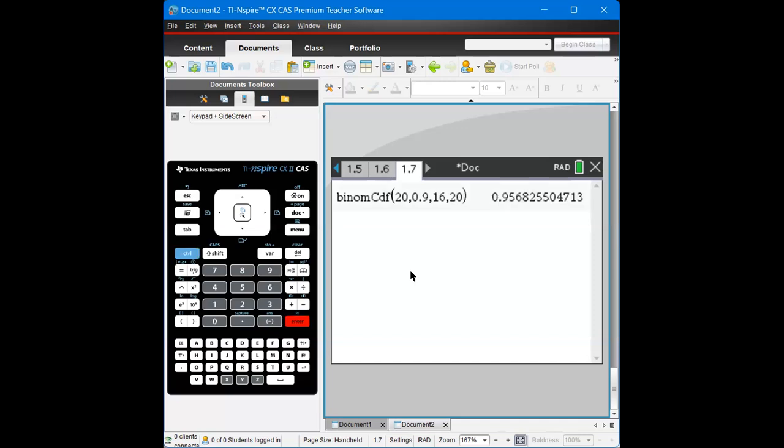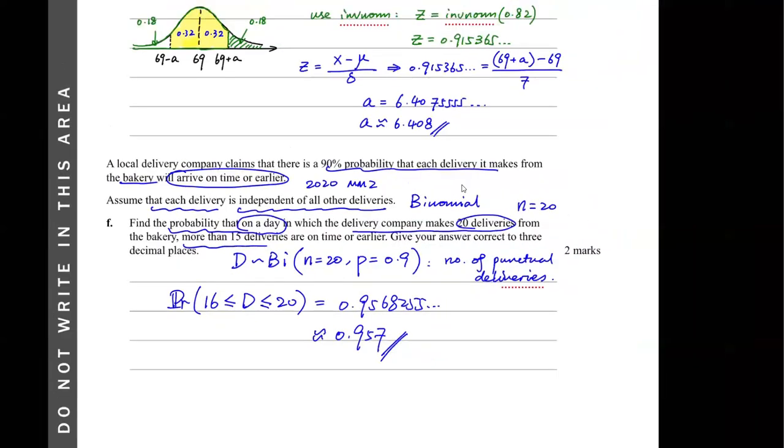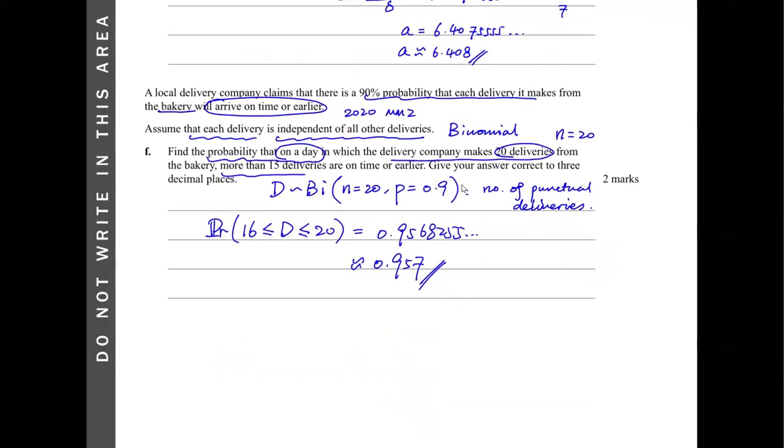Okay, actually, yep, 0.9568255, etc. Let's round this to 3 decimal places. 0.957. Two marks. Okay, I think identifying the binomial distribution with correct parameters would be 1 mark, and the answer is another mark.